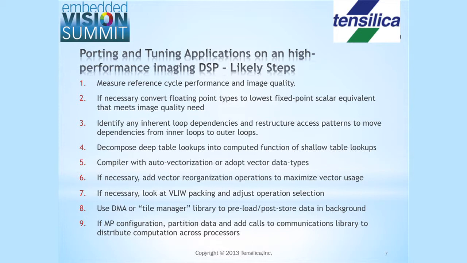And then you have a process of looking at how you break sequential dependencies, loop dependencies, restructure data access in order to move dependencies from inner loops to outer loops. Because the inner loops you really would like, under most architectures, to have very uniform access, as uniform as the algorithm fundamentals allow.